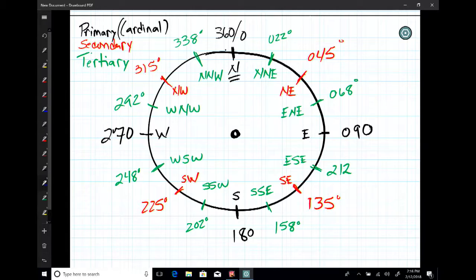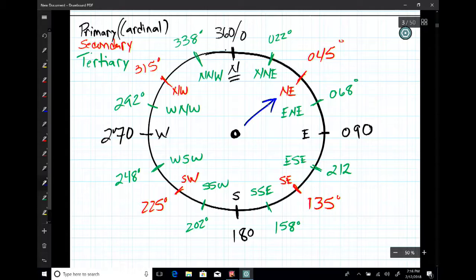The red ones are your secondary. Secondary directions and headings are between the cardinal directions and headings. So if you look at the difference here between north and east, what is half of 90? What is half of 090? 045. So if you take half of that 90 degrees, you've got 045.